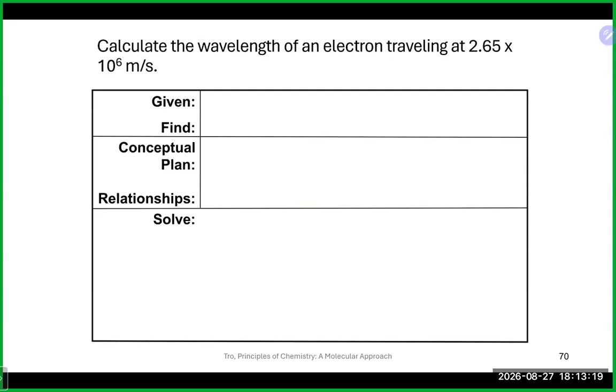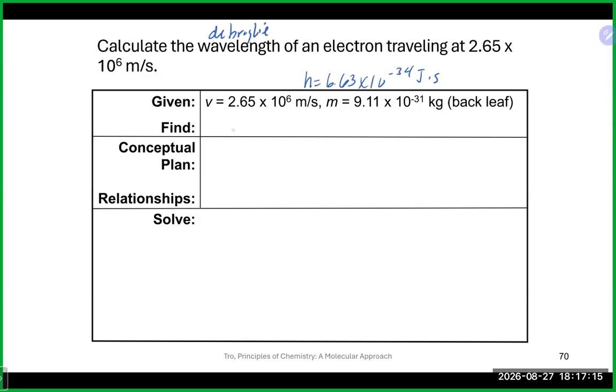So why don't we try and calculate the de Broglie wavelength here? If we have an electron that is traveling 2.65 times 10 to the 6 meters per second, and the mass of an electron is 9.11 times 10 to the minus 31 kilograms. In this particular case, if you're trying to calculate the wavelength of a particle, the de Broglie wavelength is h divided by m times the velocity.